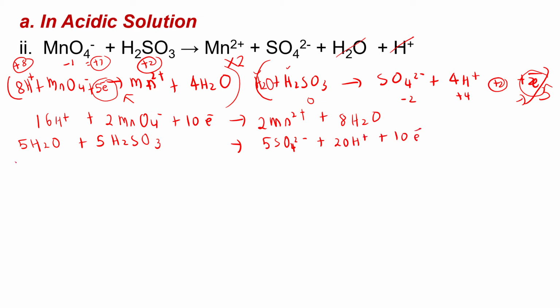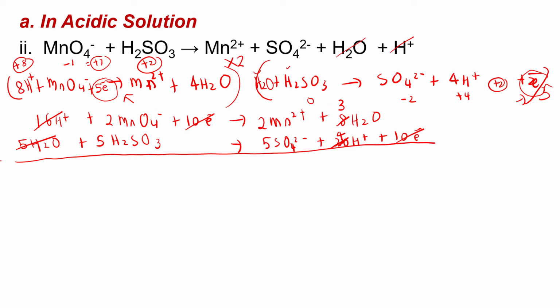So to total up these two half equations, we cancel out the electrons and also the species that appear on both the right and left hand side. Here we have 8 H2O, here we have 5 H2O, so 8 minus 5, we have 3 H2O balance here. Here we have 20H+ and here we have 16, so 20 minus 16, we have 4H+ balance.